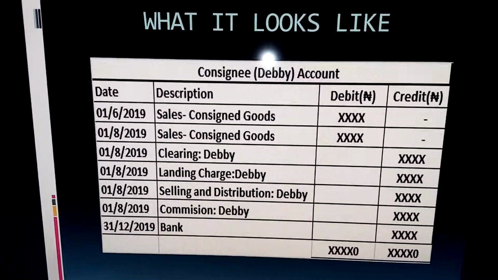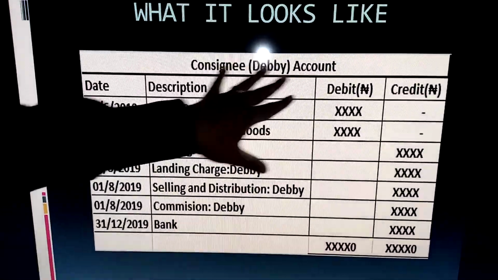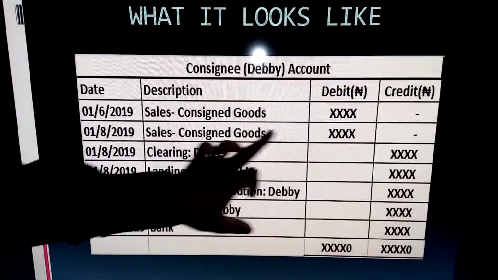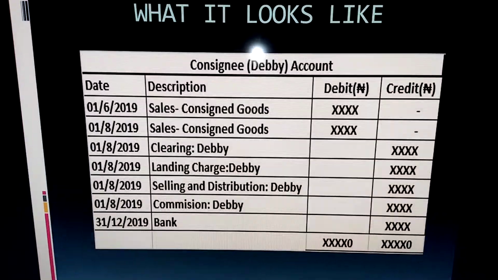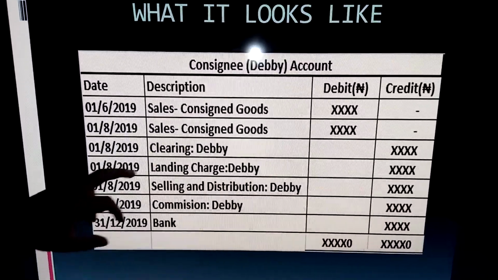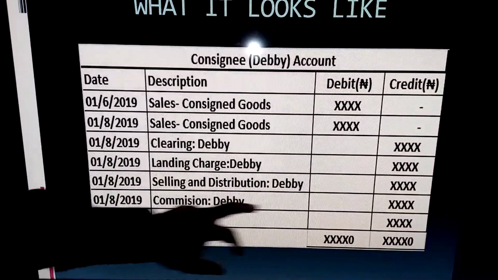So as you can see, sales, consigned goods. This is the consignee's account from the perspective of the consignor. So we have sales, consigned goods here. These are the sales made by the consignee. He or she also made some expenses. She paid for clearing, she paid for landing, she paid for selling and distribution, and then she took her commission.